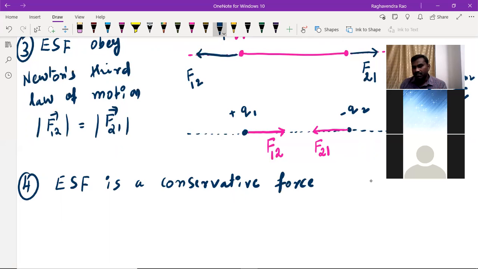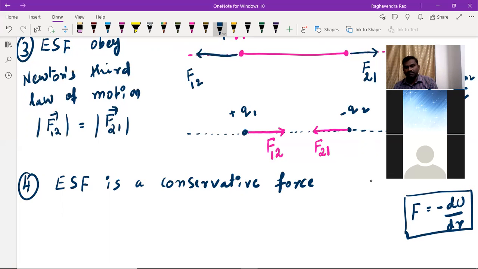It depends only on the initial and final positions of the body. That is known as conservative force. So conservative force we can define as the negative of the potential energy gradient. While discussing mechanical properties of solids, we discussed this conservative force again. So electrostatic force is a conservative force.